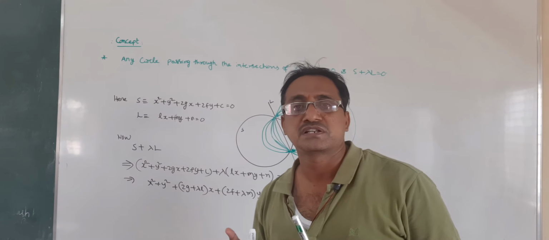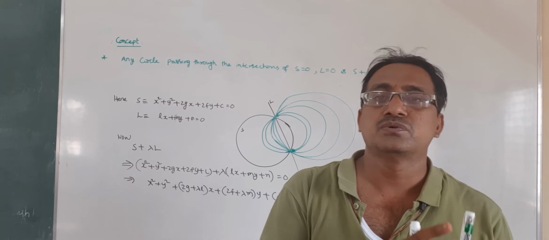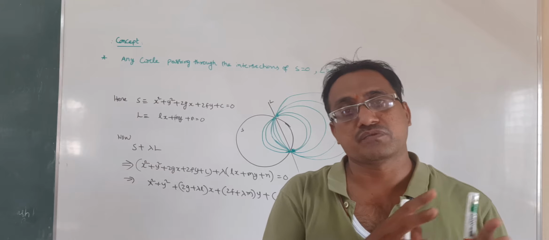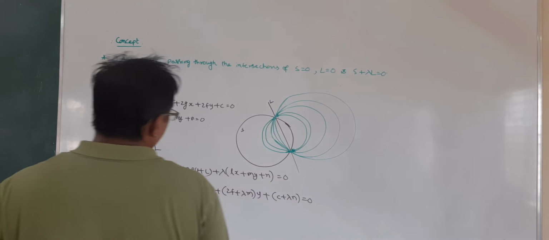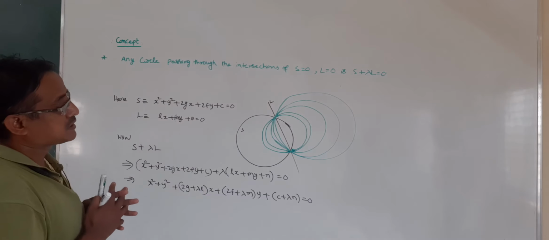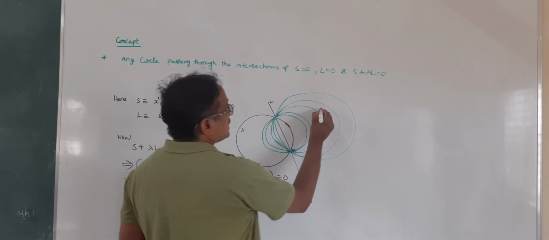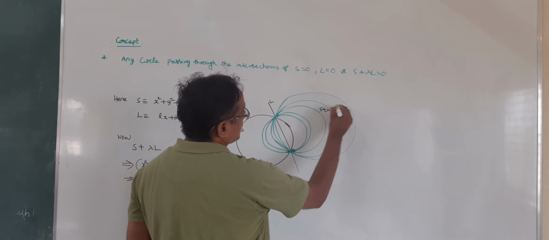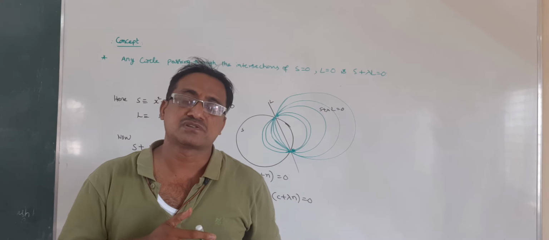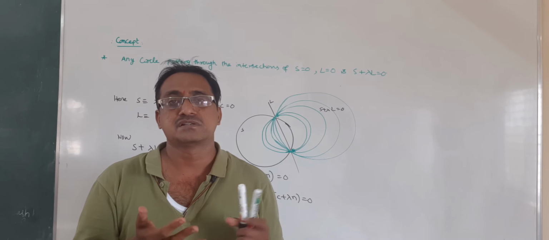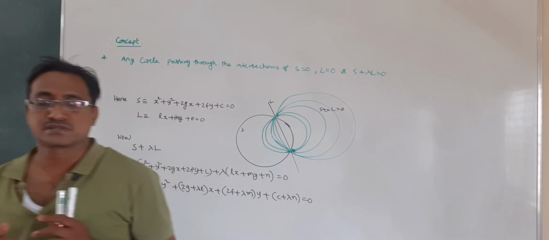So this equation represents a circle passing through the intersections of S equal to 0 and L equal to 0. Very important concept. For different values of lambda, you will get different circles. They will give you certain conditions to find the value of lambda so that you can draw a circle passing through those intersections.